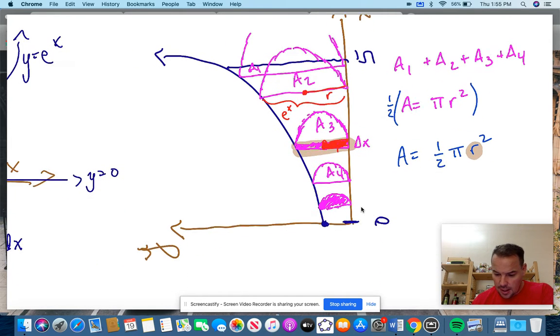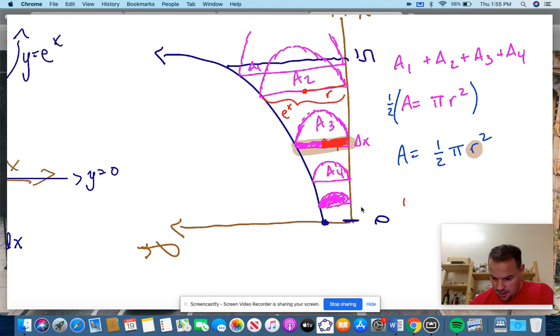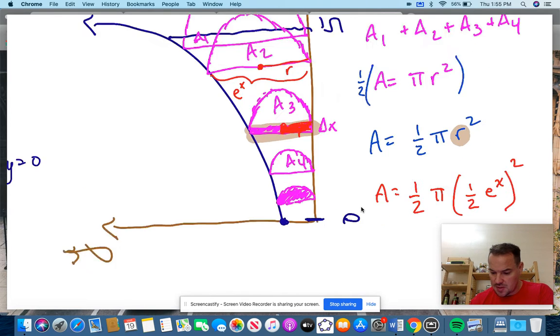So now I have a manipulation where I can see the area of these things is 1/2 times pi, but the radius now is actually half of whatever e to the x is, quantity squared, because that's what's replacing the r, right?